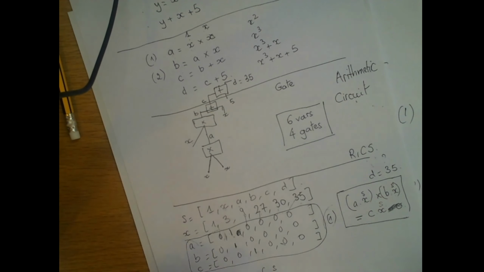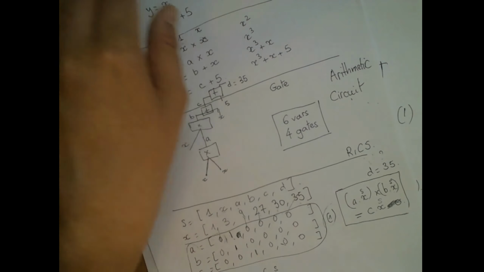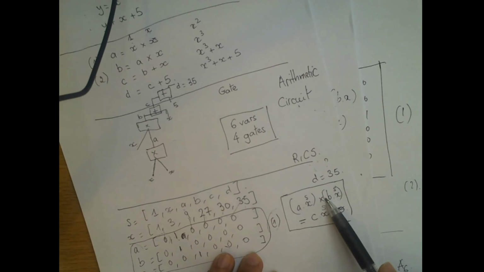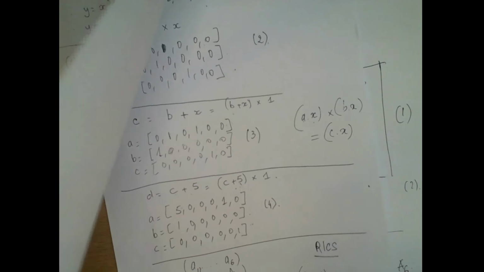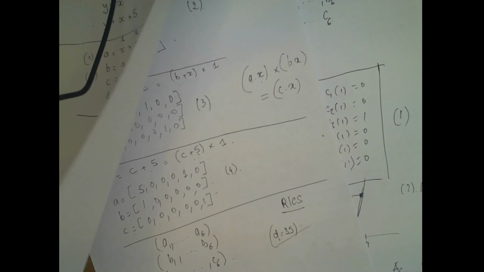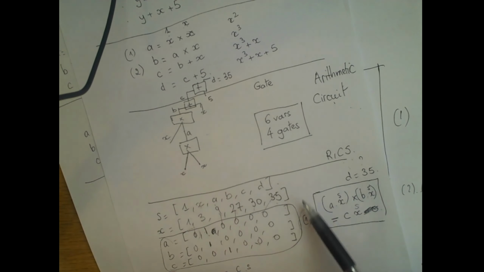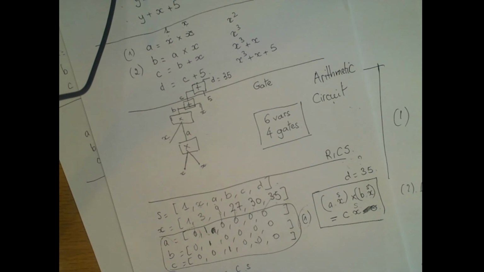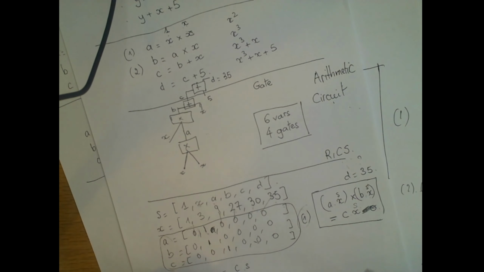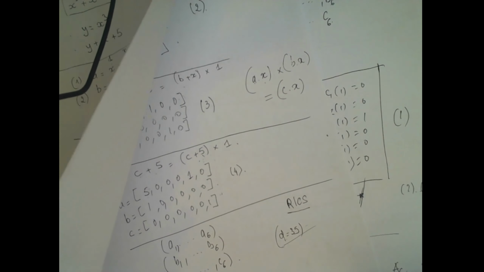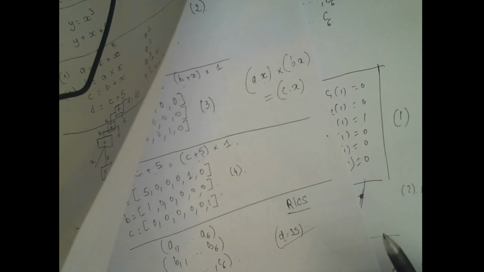You have these boxes. Then step 3 is to convert from this rank 1 CS into a QAP, a quadratic arithmetic program. Essentially it turns these four sets of equalities into one equality, one constraint on a polynomial that must be true at 4 different points.